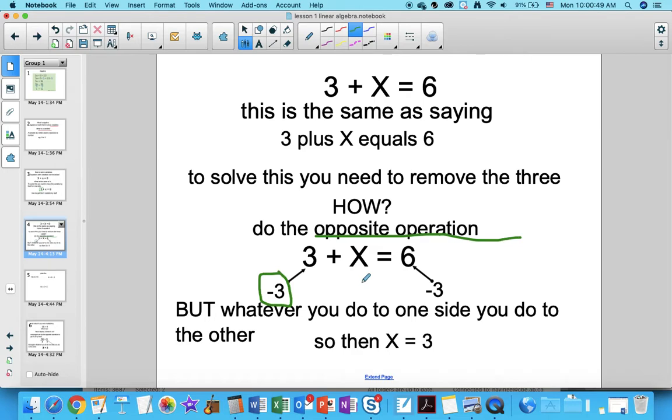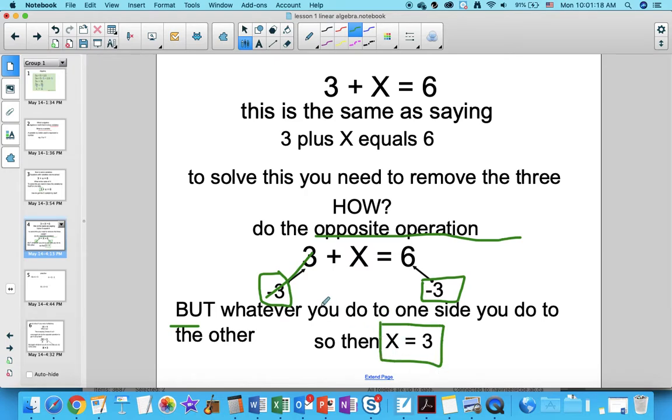If I have 3 apples and I take 3 apples away, I have no apples, right? 3 minus 3 is 0, so that turns into 0. However, whatever you do to one side, you must do to the other side. So if I subtracted 3 on this side, I must subtract 3 on this side, right? So then 6 minus 3 is 3. X equals 3, right? That's really easy.